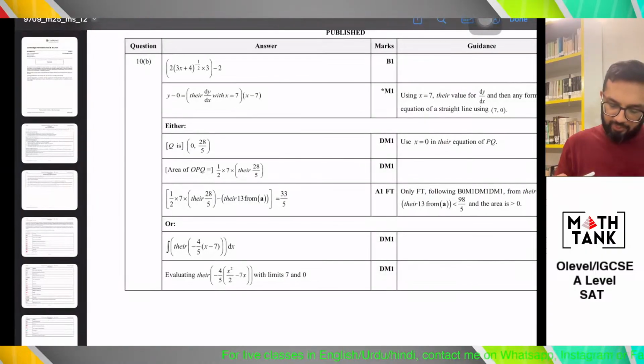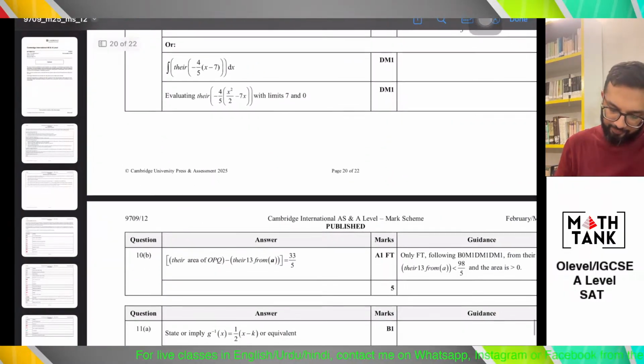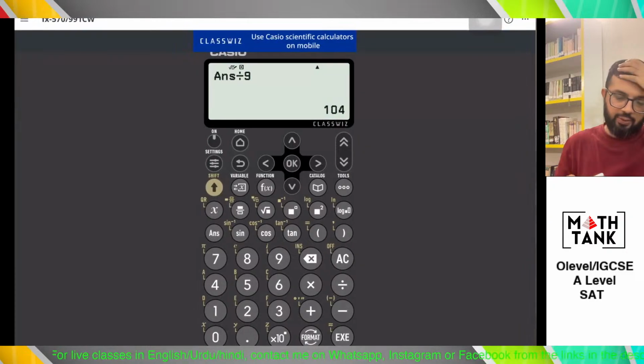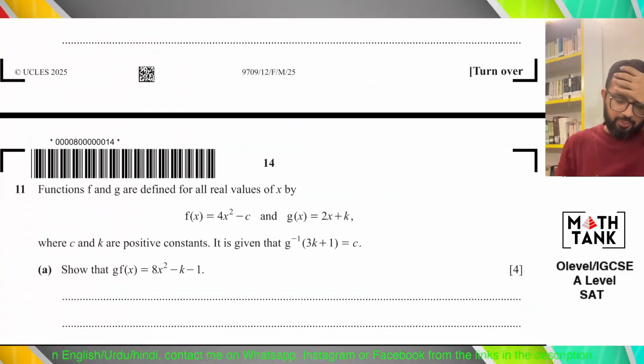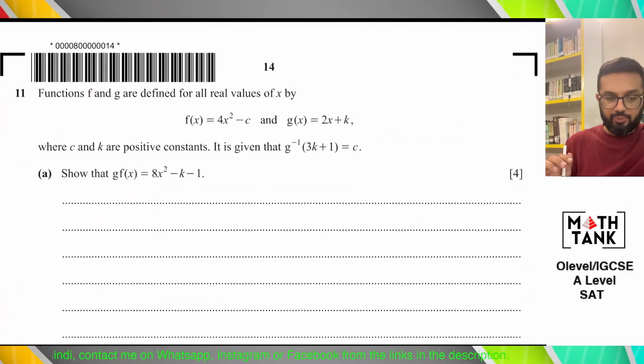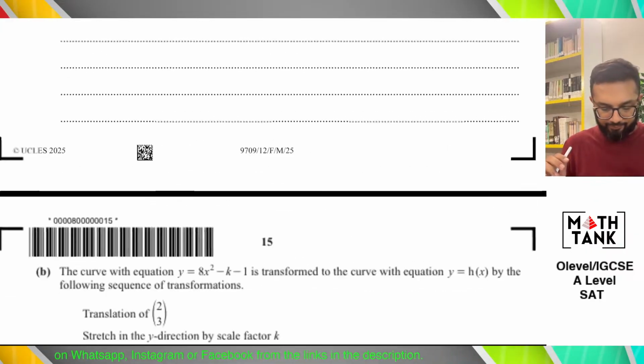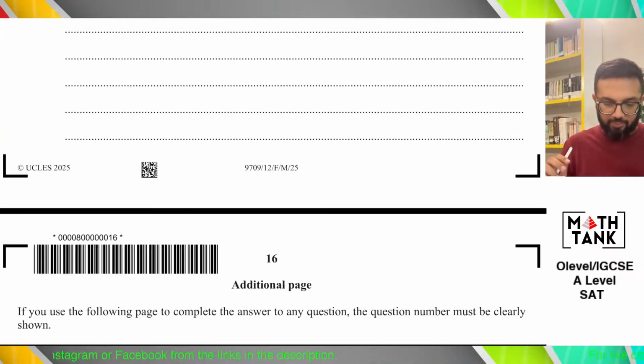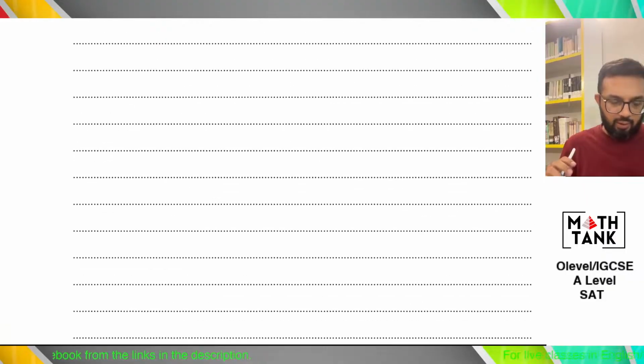Okay, I think that should be the correct answer. 33/5, yes. Okay, let's look at question 11. That's the last question on the exam, I think. Yeah, that's the last question on the exam.